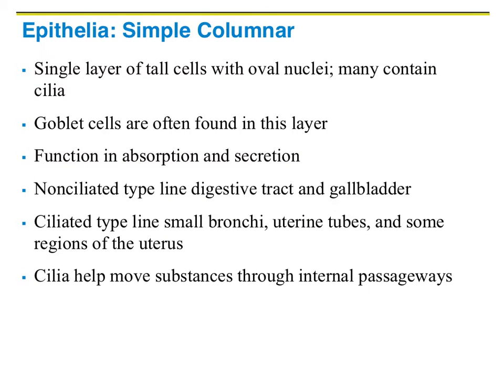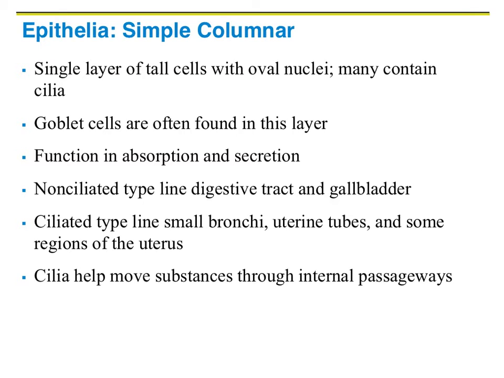Another type of epithelia includes simple columnar. This is a single layer of tall or column-like cells. Oftentimes you'll see the cells containing cilia, those little hair-like structures that create a current so substances can pass across the cell. Goblet cells are unicellular glands that are often found in a simple columnar layer.